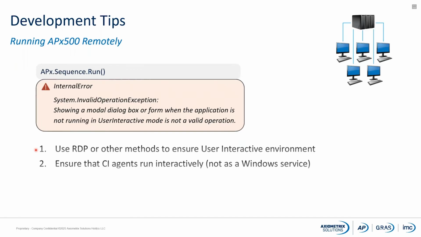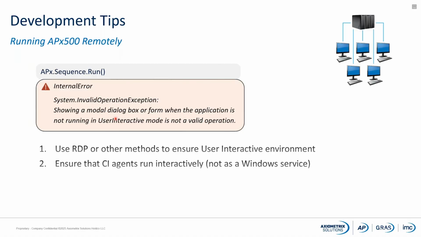If you are wanting to deploy APX tests on remote, network connected computers, and you see an error like this, it's because the app was not launched in what Windows calls a user interactive mode.